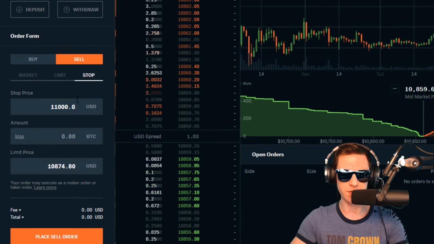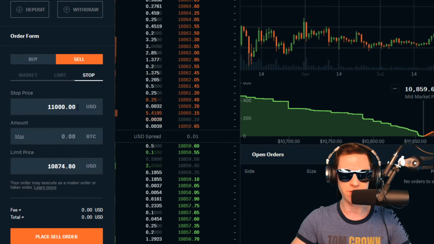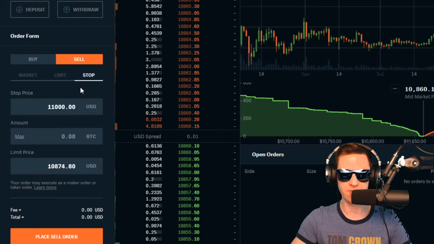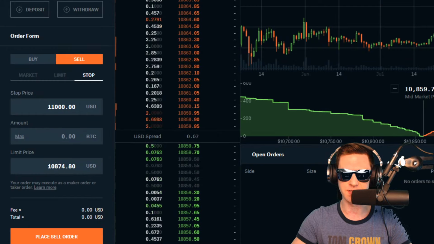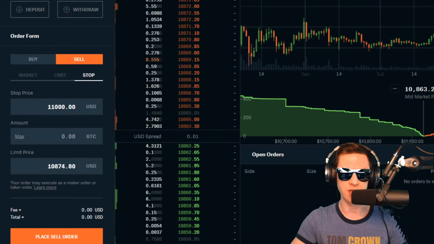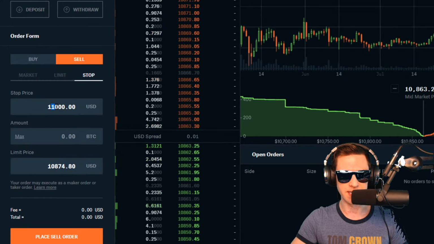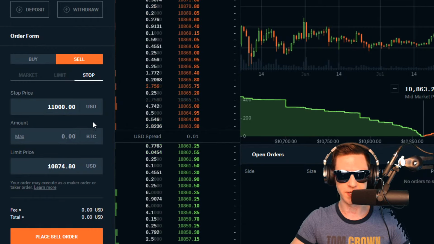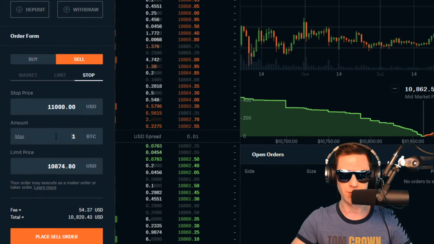I'm just making up numbers here for the sake of this example. You've sold your Bitcoin and you think if price goes back above 11,000, it's probably going to go up more, and you don't want to be caught short. So I'm going to set my stop price at 11,000, for however much Bitcoin. In this example, we'll go with 1 again.